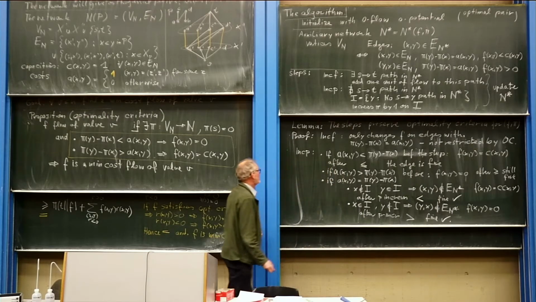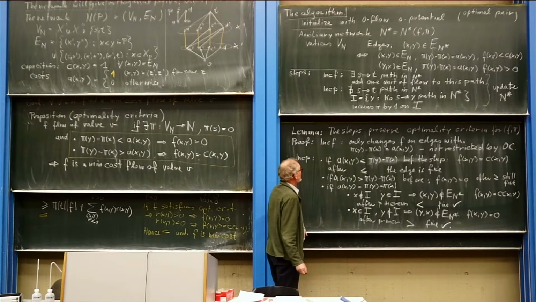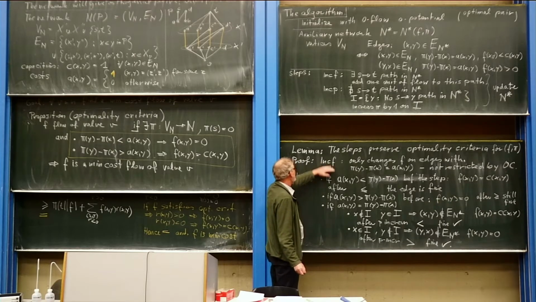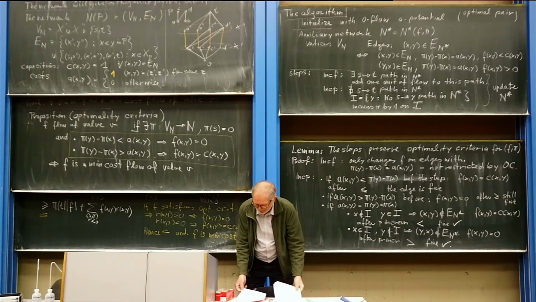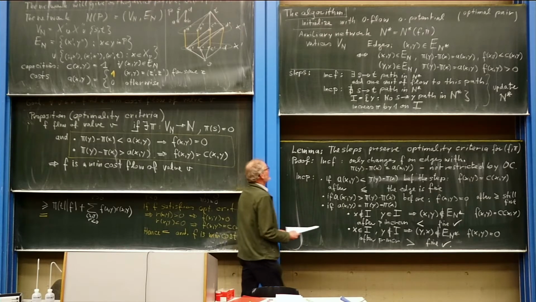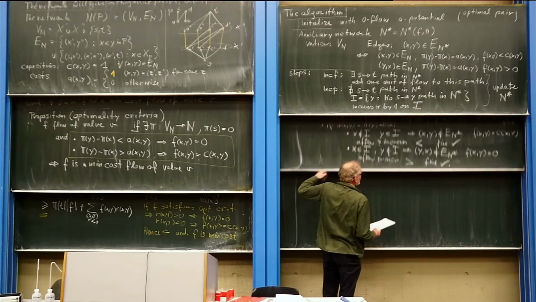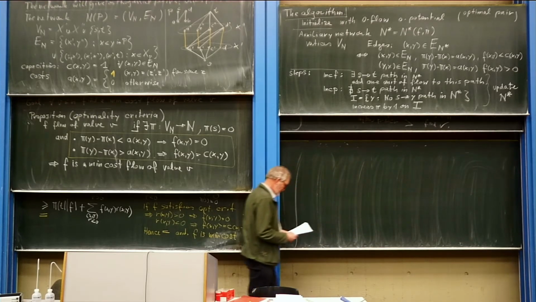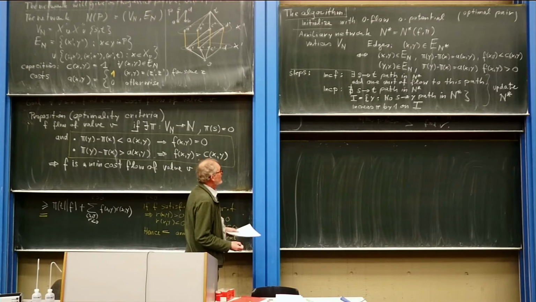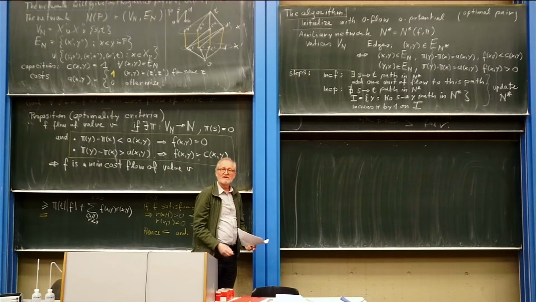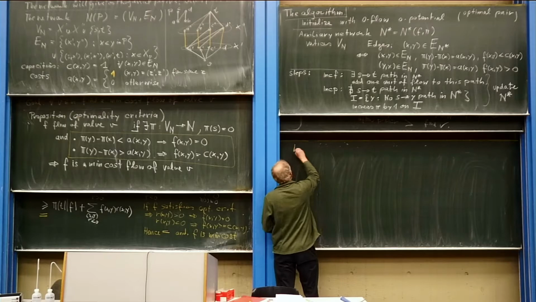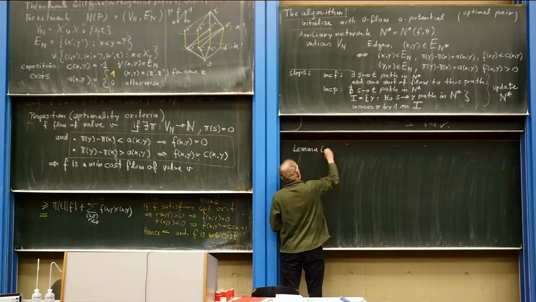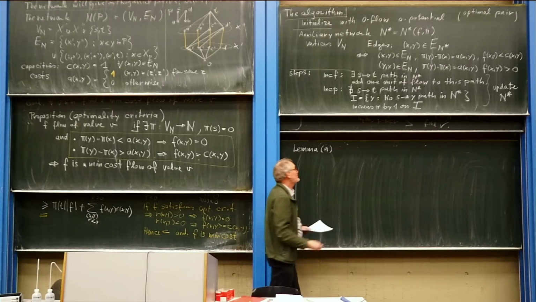Yeah, so that's it. We have seen that both the increment f step and the increment pi step preserve the optimality criteria. And now the next thing we have here is a small lemma which talks about the very specific networks that we have related to our poset. We call it lemma A because it's related to the cost.